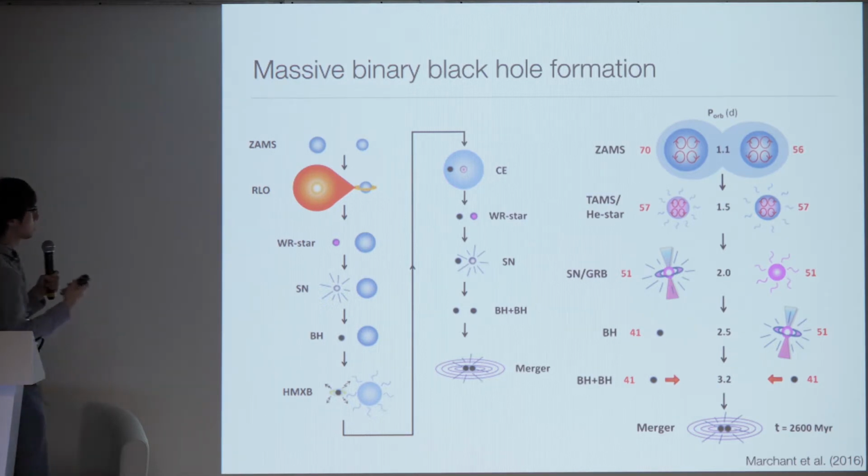So as explained in the first day, this rapid rotation and strong mixing will not lead to the expansion of the star. In this case, if the separation is sufficiently large, the star will expand, and then there will be some mass exchange. But if the star is extremely rapidly rotating, it doesn't expand, and it will go directly to the Wolf-Rayet star, as I showed in the first day.